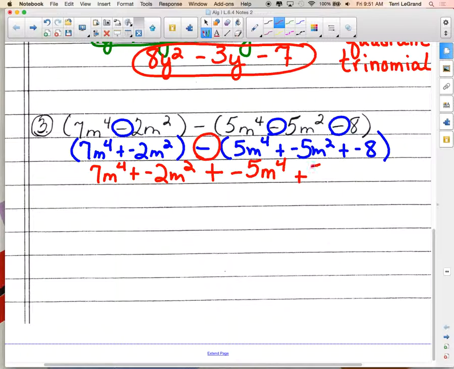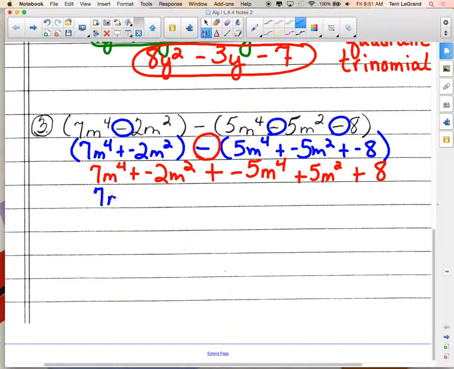Plus 5m to the 2nd. Plus 8. All 3 terms of that polynomial that is being subtracted have to change to their opposites. And typically what happens is students only change the first term of the polynomial to its opposite, and then it throws the problem off.